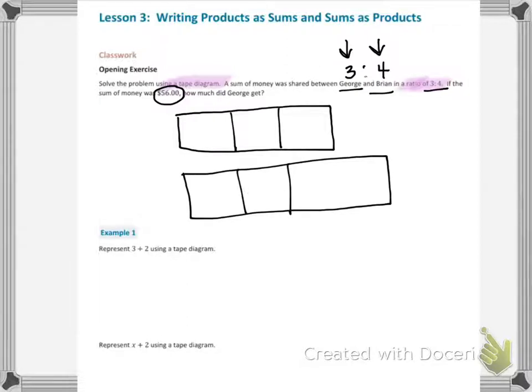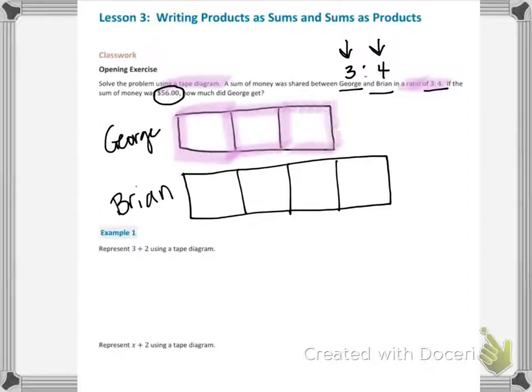Here we have George, and here we have Brian. Tape diagram wise, we have 3 blocks for George and 4 for Brian. A very, very important thing is that each of these blocks is worth the same.